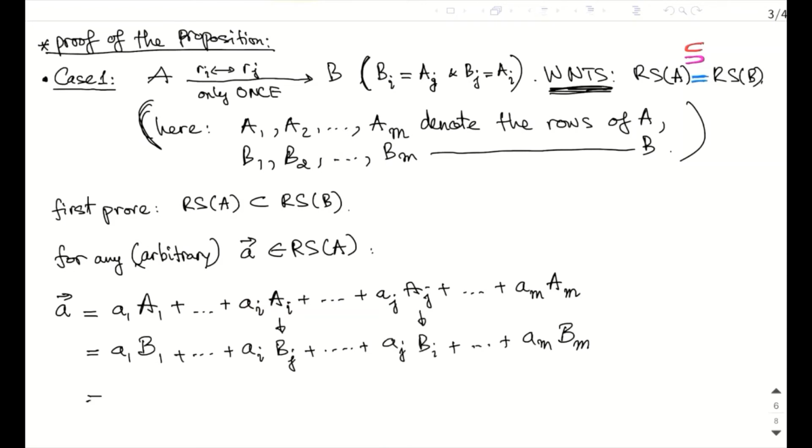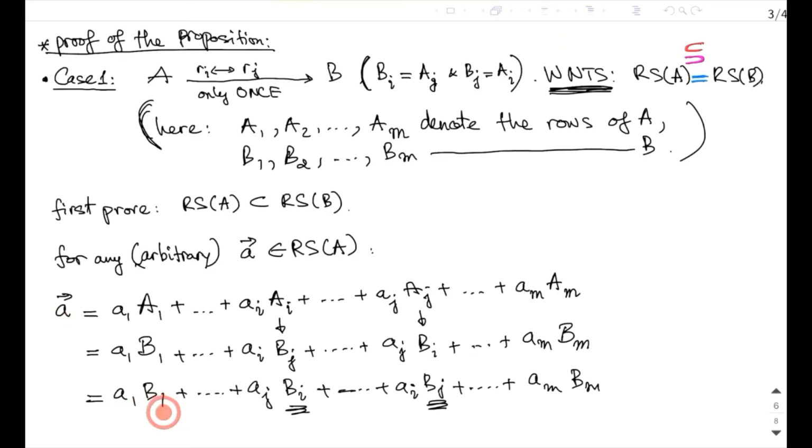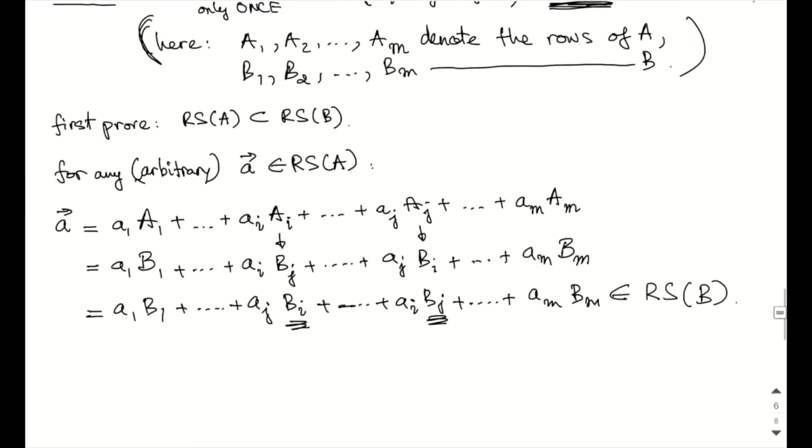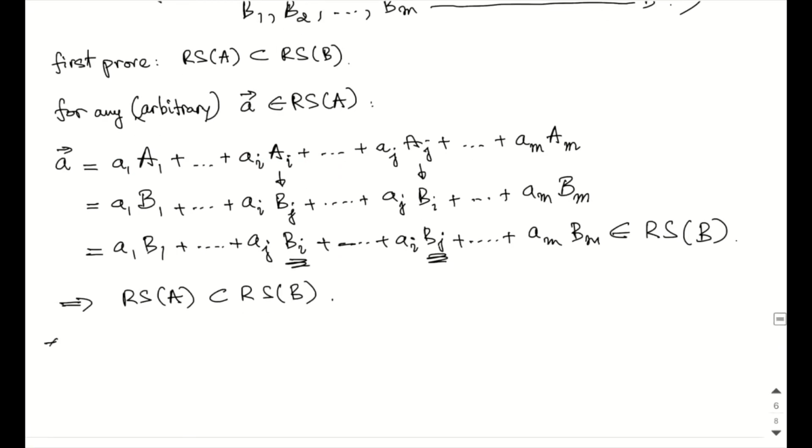All right, and then we rearrange the terms so that it looks normal for the row space of B. Now, whatever we do, this means that we have already successfully expressed vector a as a linear combination of the rows of B. And of course, that means that this vector is in the row space of B. So any element in the row space of A ends up being in the row space of B. So this means that the row space of A sits inside the row space of B. Similarly, we can easily prove that the row space of B sits inside the row space of A, and this is left for you as an exercise.